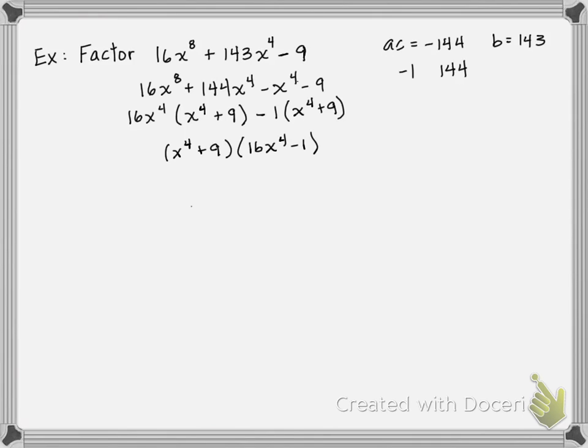Potentially. So then that first one, can we factor more? Is it a difference of squares? It looks like we can do x squared plus 3 times x squared minus 3. What is 3 times -3? -9.